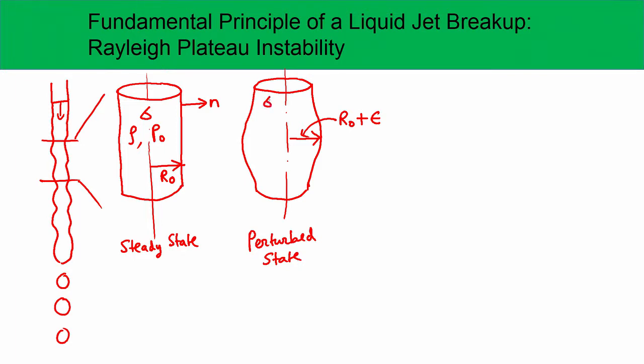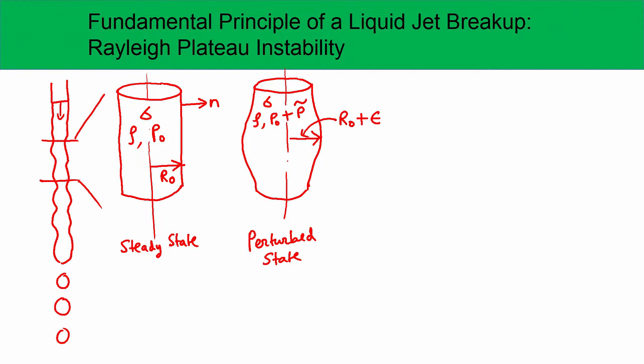Once again the properties sigma and rho remain the same, but because this has developed perturbations, there is a change in the curvature. As a result, the pressure inside changes, and this perturbed pressure is given by P0 plus P tilde.